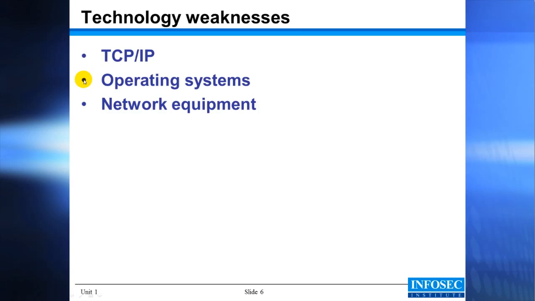Network equipment is also designed to transmit data as quickly and as efficiently as possible. The same scenario applies to network equipment. They're designed to transmit data and therefore are not necessarily focused on securing data. Consequently, the infrastructure upon which TCP/IP and the operating systems of our devices run on can be compromised.